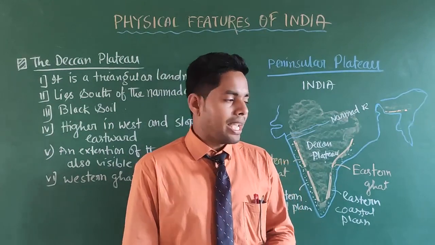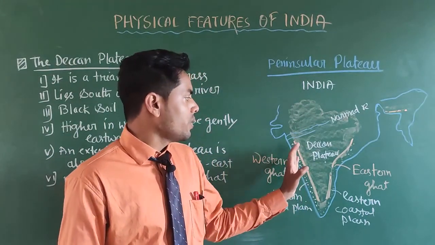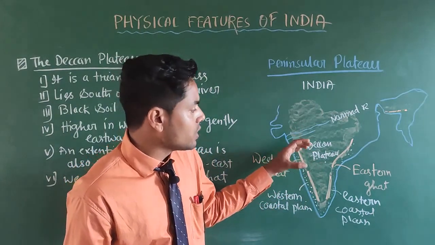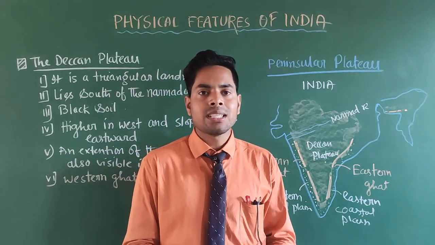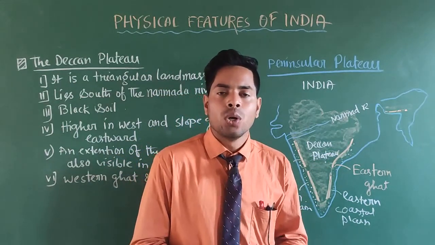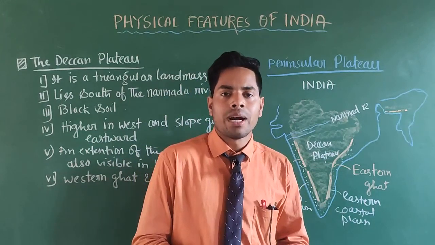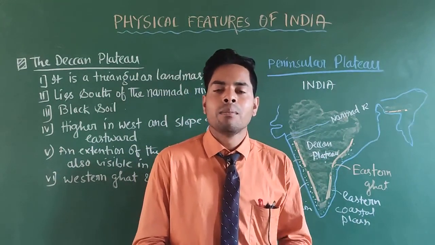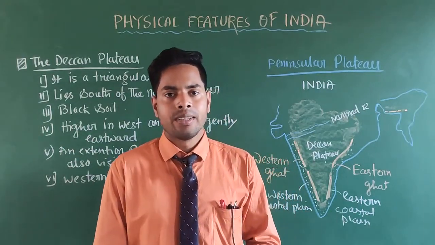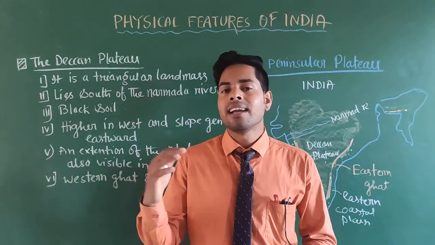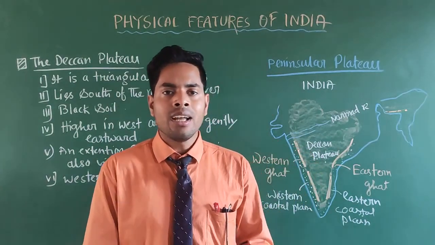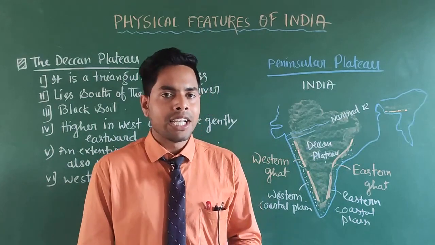If we see the altitude, in the west the altitude is greater and it slopes gradually eastward. That means in the east the altitude is very low compared to the western part of the Deccan Plateau. That's why it is divided into two parts, the Western Ghat and Eastern Ghat. Now we are going to distinguish between the Western Ghat and Eastern Ghat.